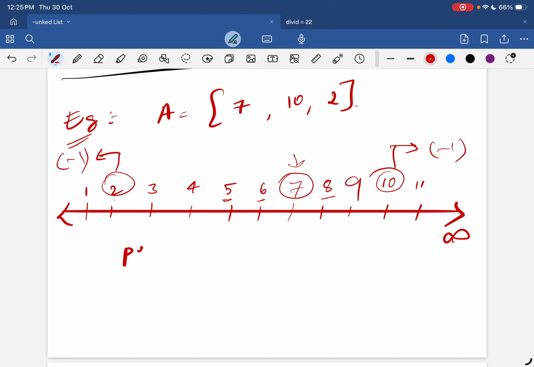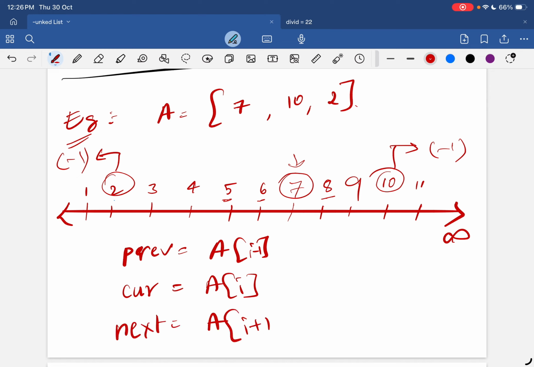The previous value will be nums of, or let's say a of I minus 1. Current value will be a of I, and the next value will be a of I plus 1.